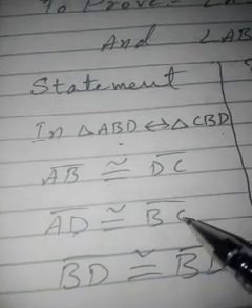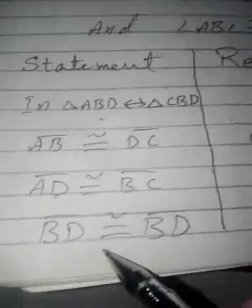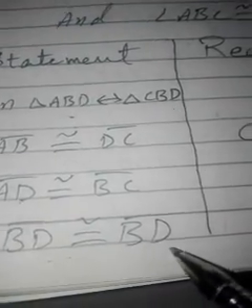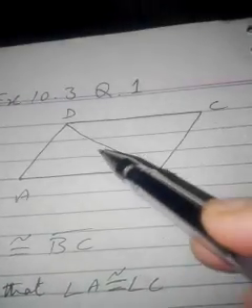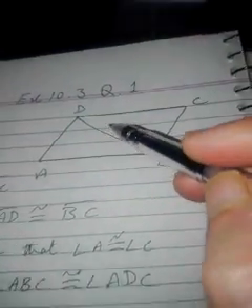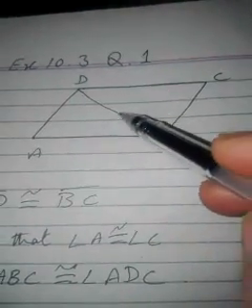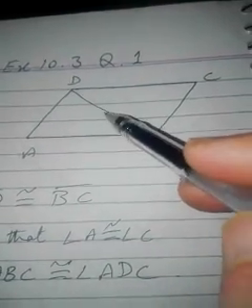AD is congruent to BC, reason given. Thirdly, BD is congruent to BD, reason common. BD of this triangle is congruent to BD of this triangle, reason common.